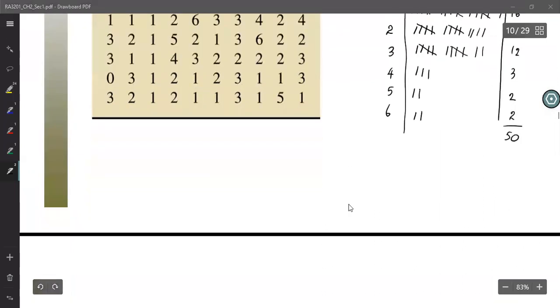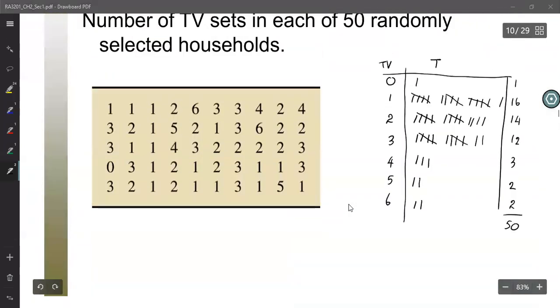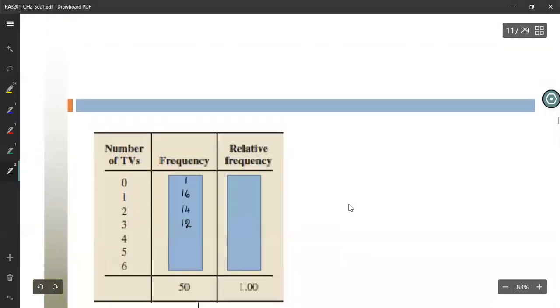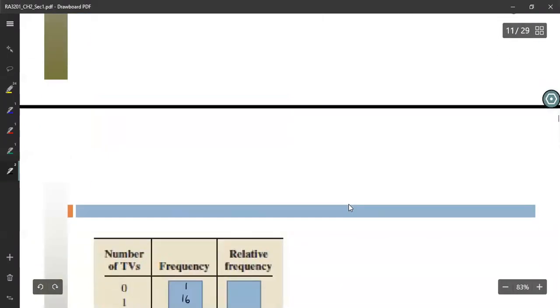Now, can you prepare the frequency table? So it is 1, 16, 14, 12, 3, 2, 2.